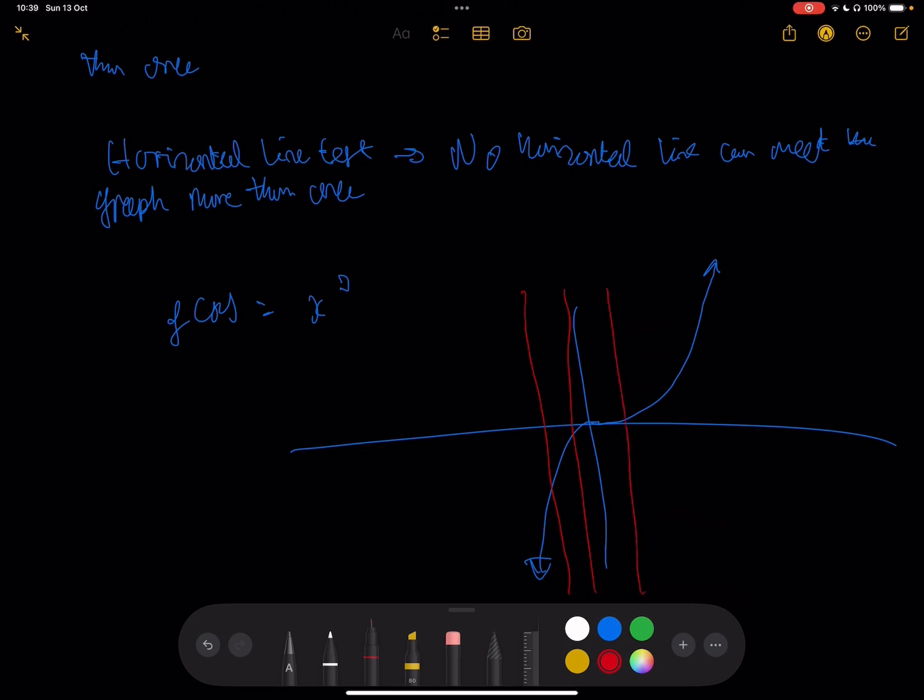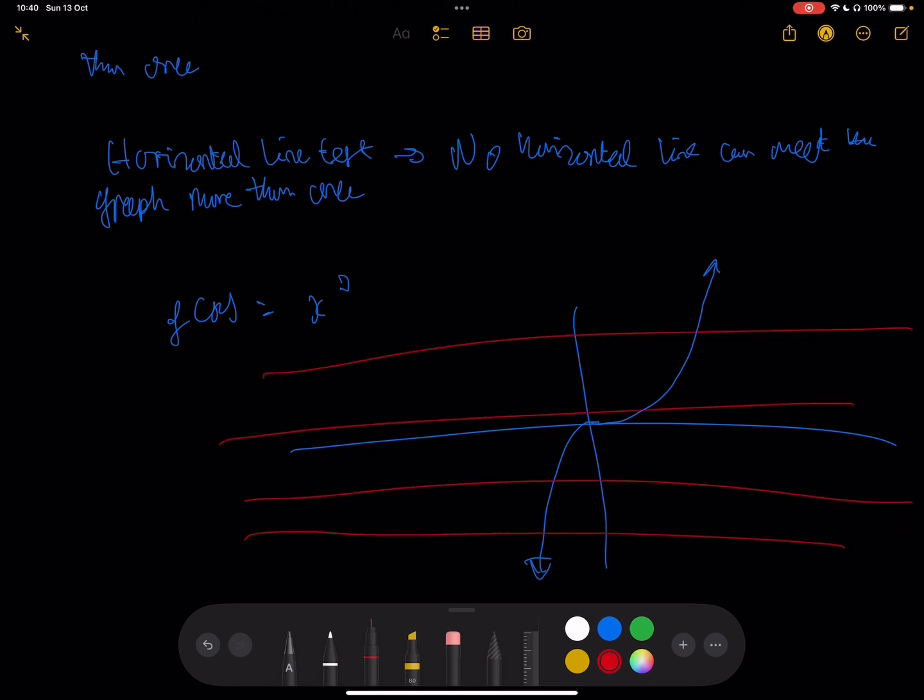If it passes, then the maximum amount of times a vertical line passes through the graph will be once. As we can see, it passes, as it's only intercepting the graph a maximum of one time. Now, what if you try the horizontal line test? That's the same, but we're doing them horizontally, like so. We can therefore see that it is one-to-one, as it passes both horizontal and vertical line tests.